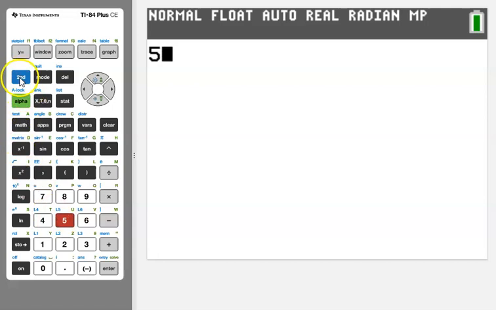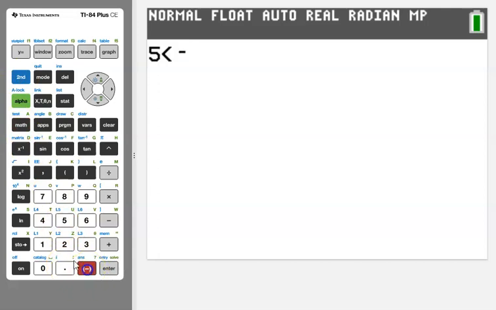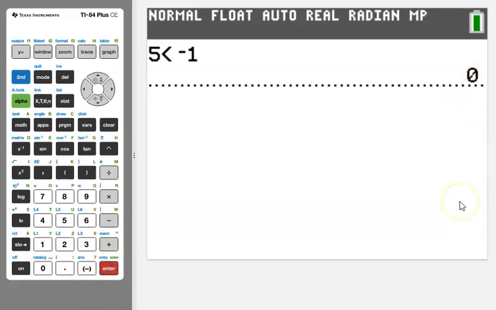So I'm going to go to second math and do 5 and then -1. Now we know that's not true. 5 is not less than -1. 5 is greater than -1. So when you type enter, it will return a 0. That's a false statement. So whenever you see a 0 when you type enter using the test menu, you will know the point you're testing is not a solution. You need to choose another point.